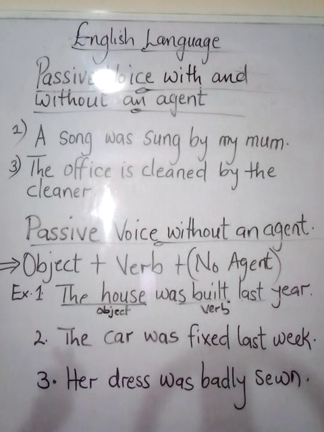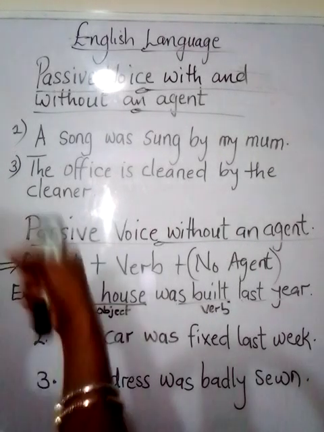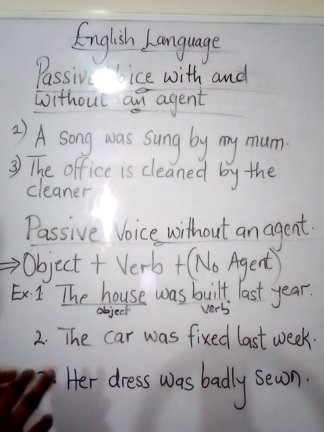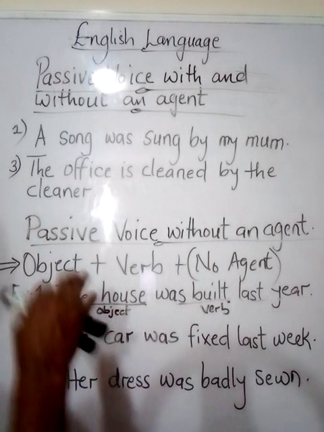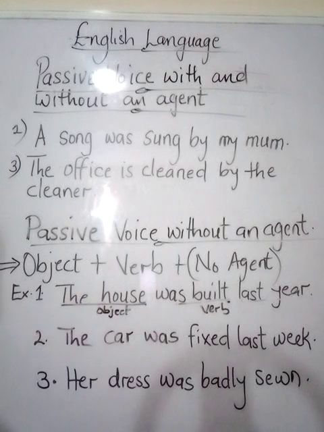By whom? We don't know. It's not mentioned. So the focus you can see here is probably on the time the house was built. The focus is on something else, not on the doer of the action. It could be that even the one that built the house wasn't known, but in this case, the focus is on when the house was built. So it's not necessary to add the one that built the house or the doer of the action.